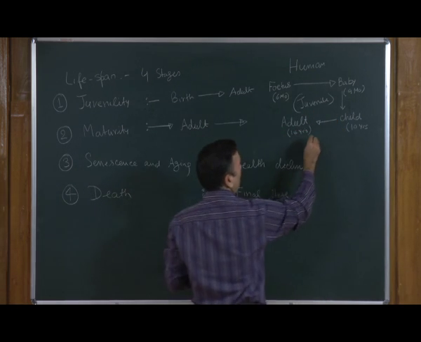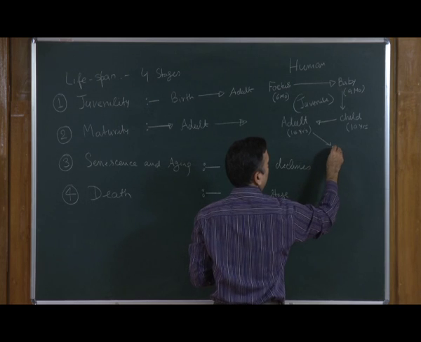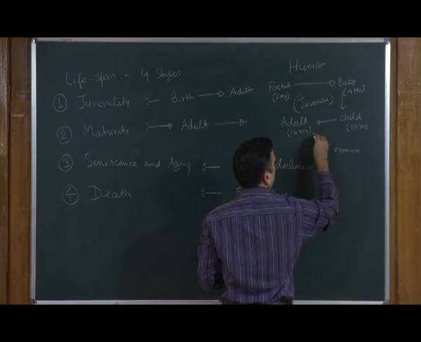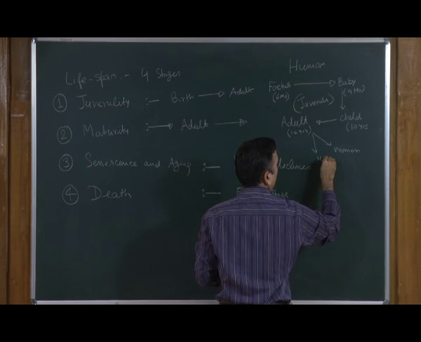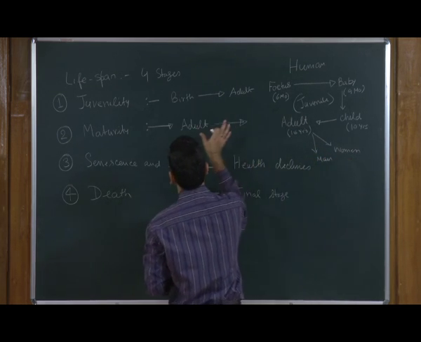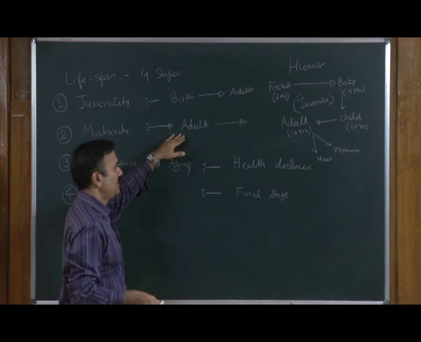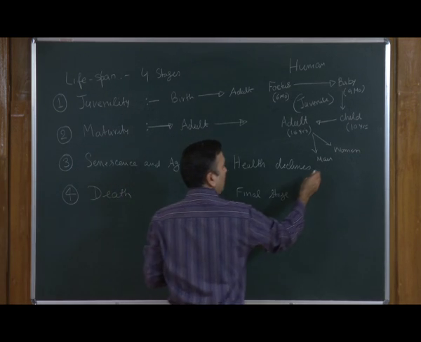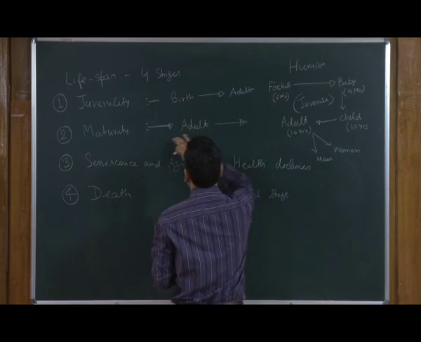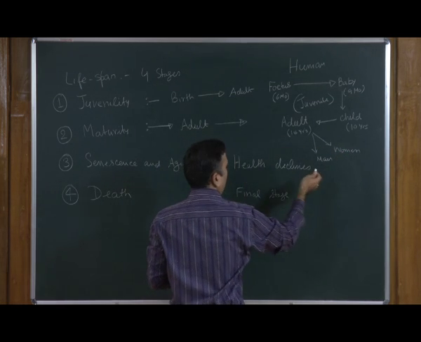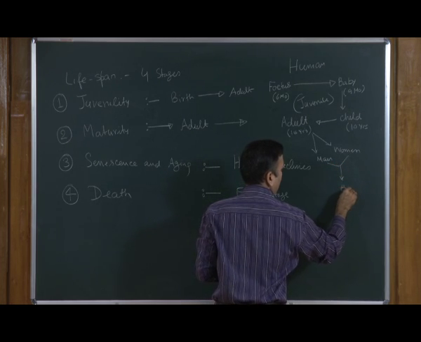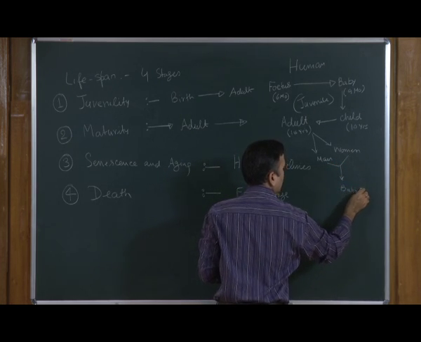These adults could be a woman or a man. Okay. And when these two adult individuals reach the maturity level, then during this maturity stage they can actually pursue their life cycle, and they can produce their offspring.